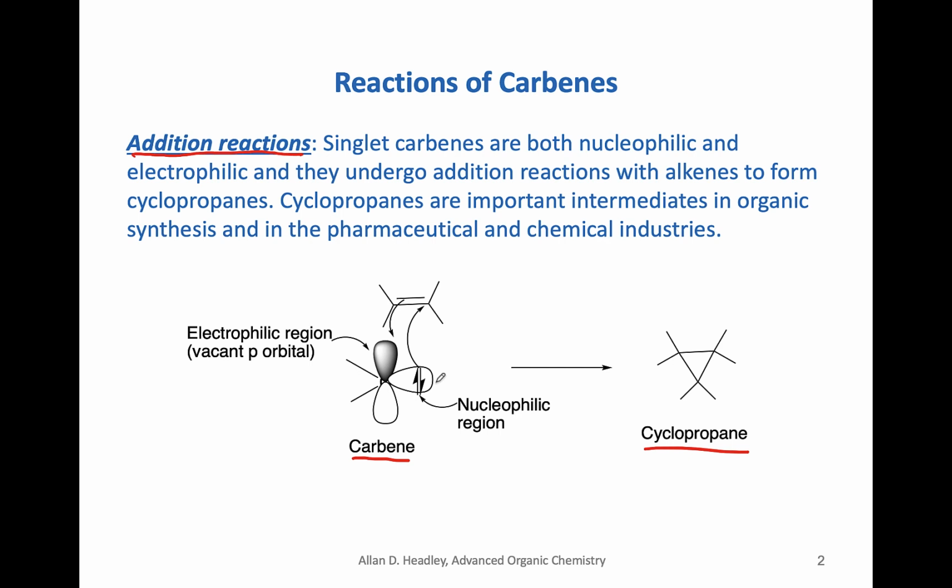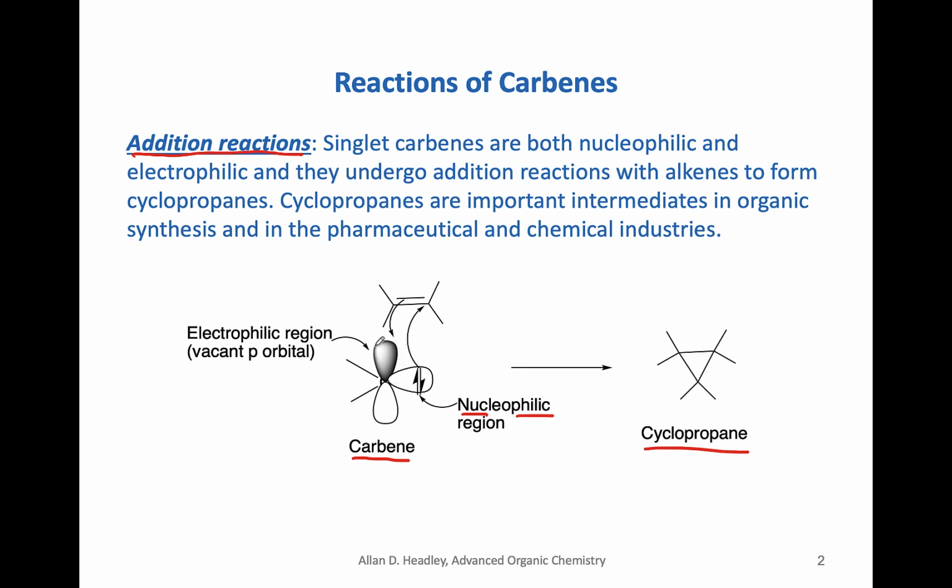Another term that's often used is a Lewis base. So a nucleophile is nucleus loving, loves positive. In other words, phile here means loving, and nucleus, since it's positive, is positive loving. So this end of the carbene is in fact nucleophilic.